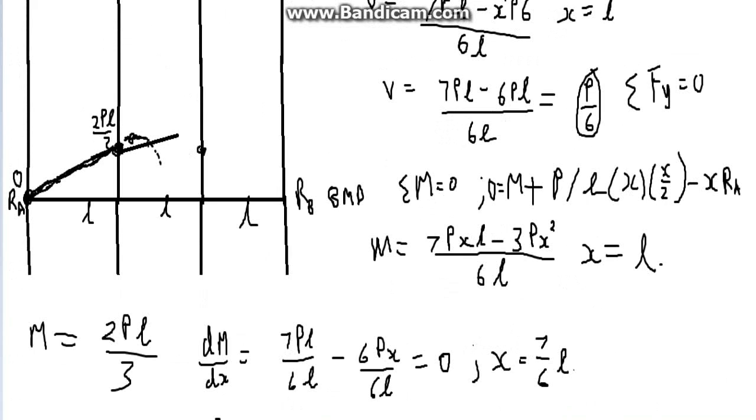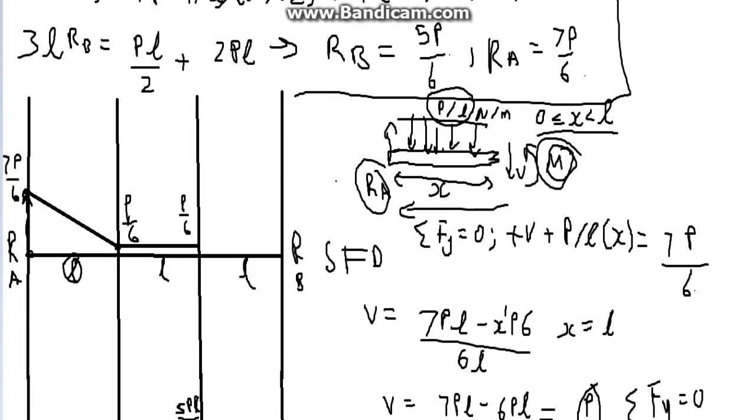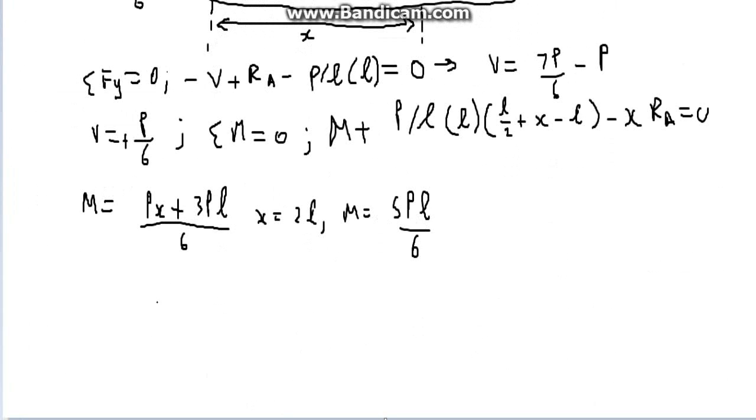So we go from here to there. It's a really small increase, small increment. 5pl on 6, okay? So we've gone up a bit. Alright, now, moving on, let's not waste any time.